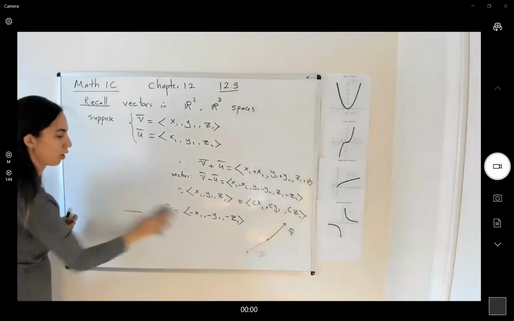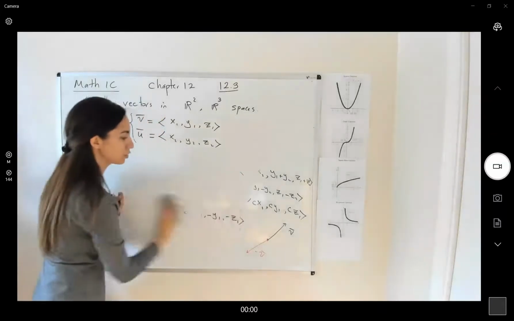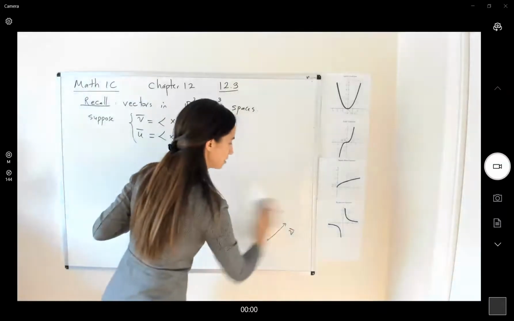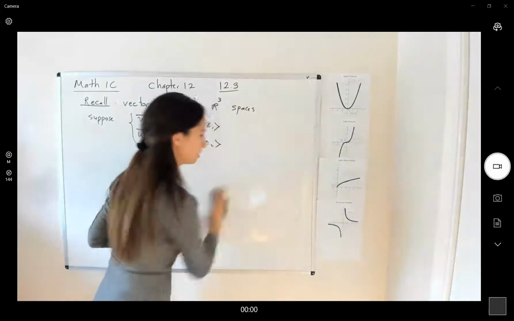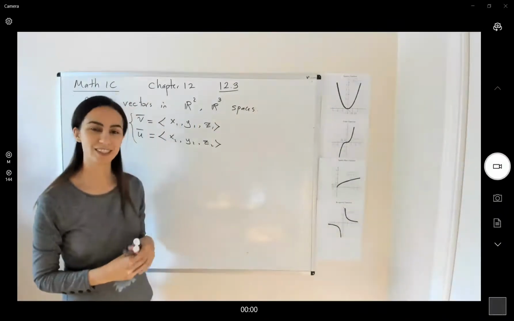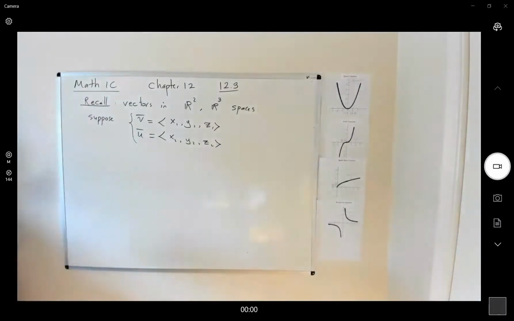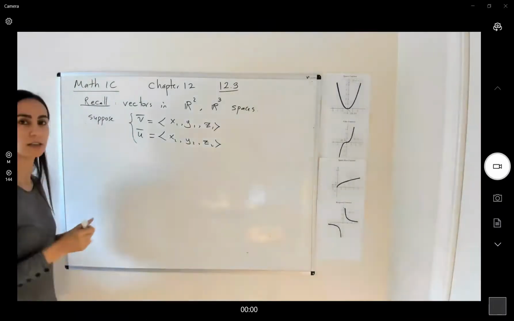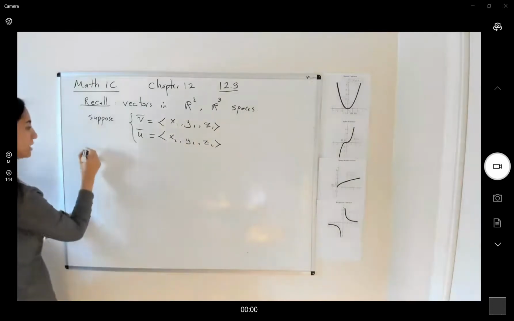Now some new operations between these two vectors. We can define two products for two vectors in three-dimensional space. The first is called the dot product, or inner product.